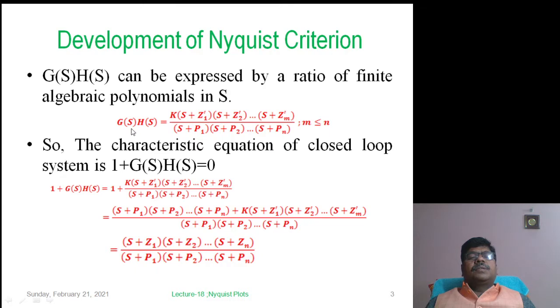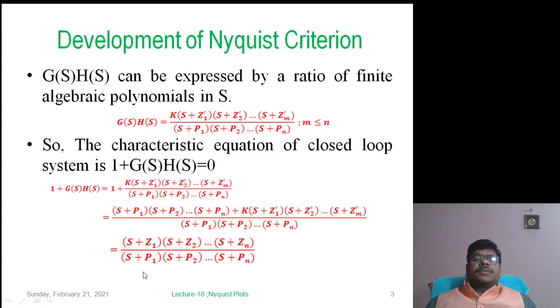So, if this is the expression of G(s), then adding this expression to get 1 plus G(s)H(s), which is the characteristic equation of the closed loop, we can represent it like this: 1 plus K (s plus z1')(s plus z2') up to (s plus zm'), divided by (s plus p1)(s plus p2) up to (s plus pn).